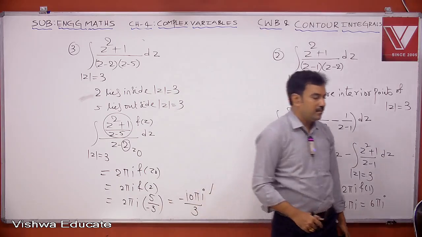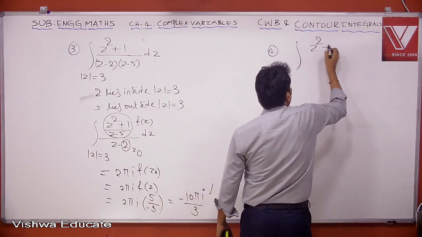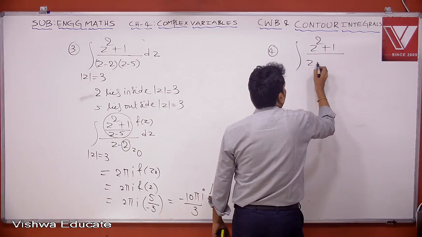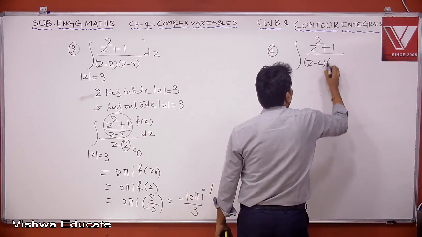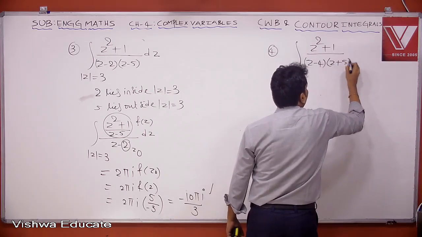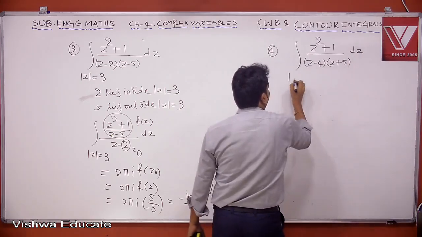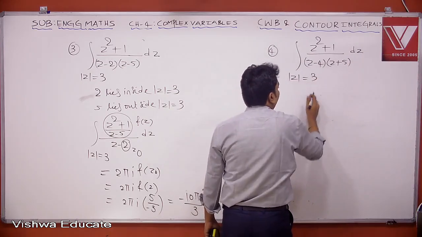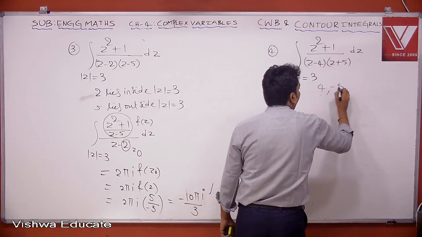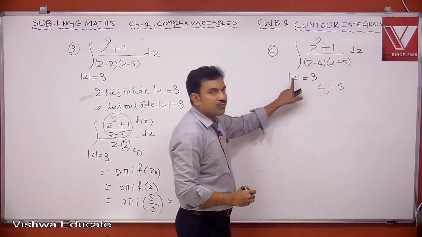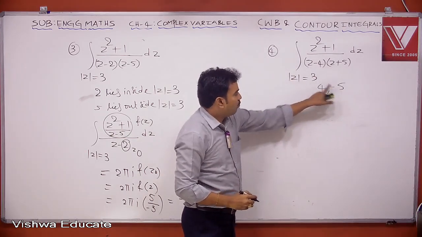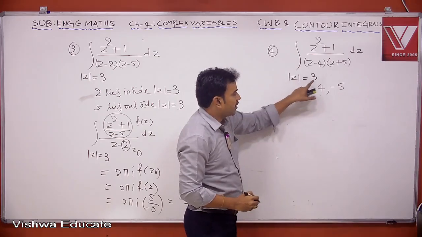Note this. Suppose we have the integral of (z square plus 1) by (z minus 4)(z plus 5) dz over mod z equal to 3. Here what are my points? 4 comma minus 5. Mod 4 is 4, 4 greater than 3. Modulus of minus 5 is 5, 5 greater than 3.